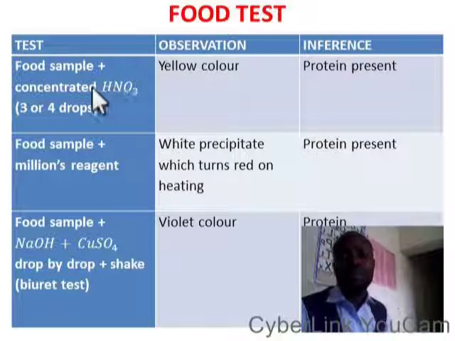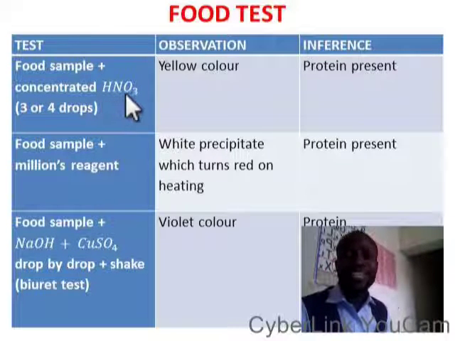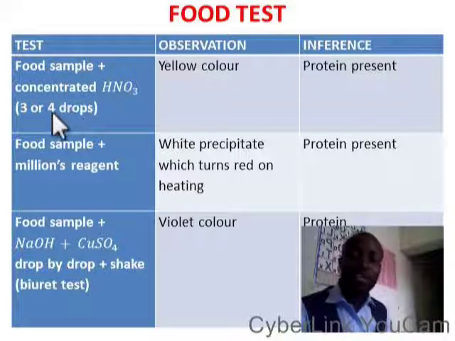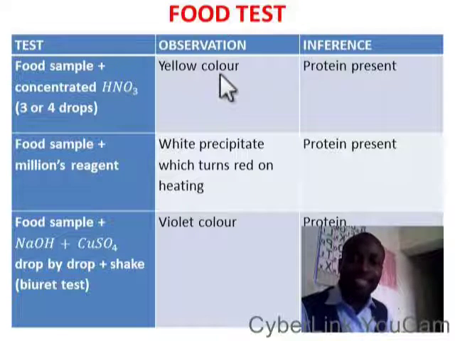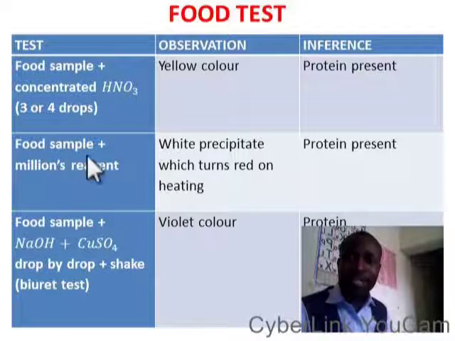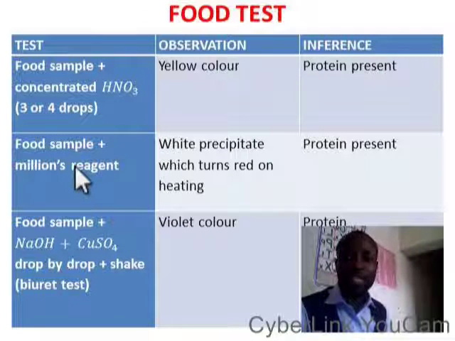Food sample plus concentrated HNO3, 2 to 3 drops. You see yellow coloration, that shows protein is present. Now, when you get a food test, you add Millon's reagent. Millon's reagent has been prepared, or your teacher will prepare it.